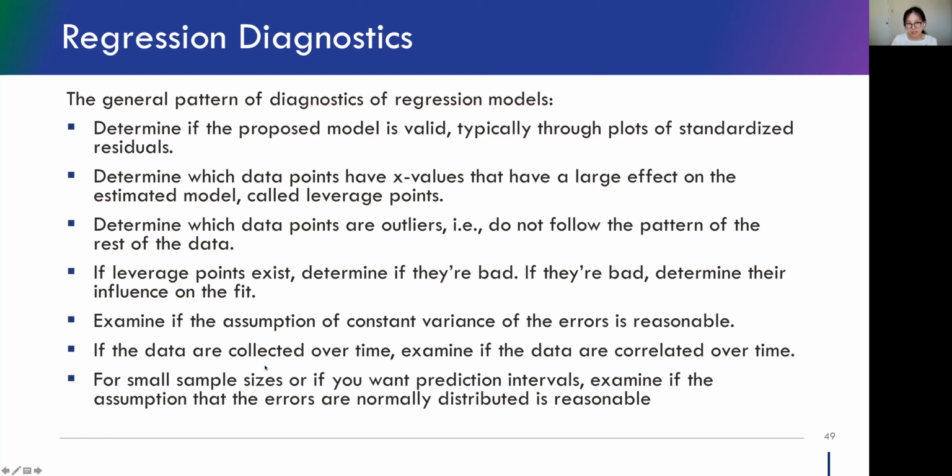If the data is collected over time, then from time to time they are correlated, so they are no longer independent. That's a clear violation of our assumption.